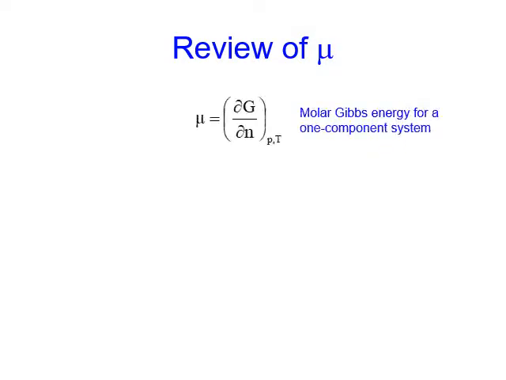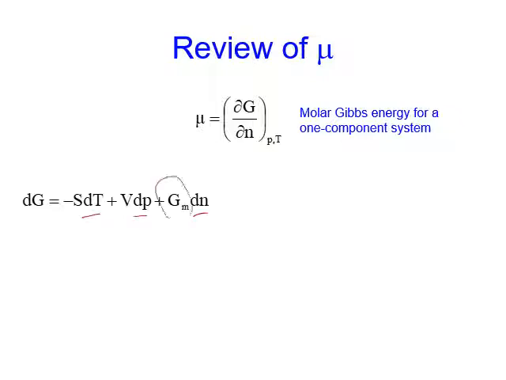So far, we have shown that it's the chemical potential that determines the spontaneity of phase transition. And so let's go over the equations that we are going to use in this chapter. The Gibbs energy change is contributed by temperature change, pressure change, and number of moles change.